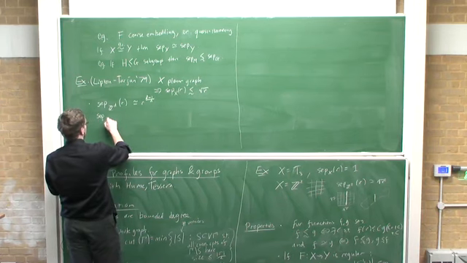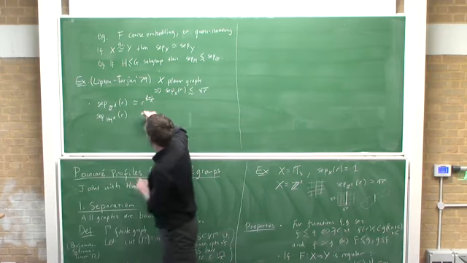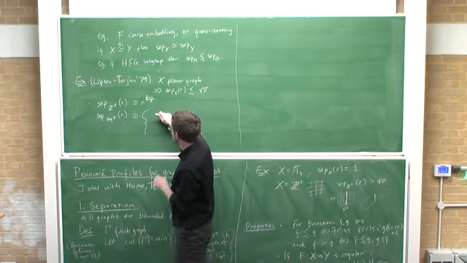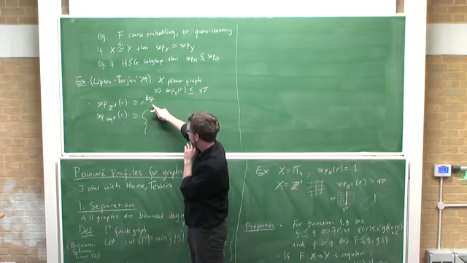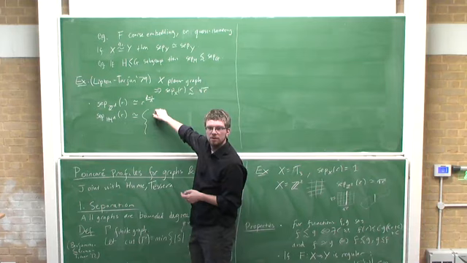So if we have hyperbolic space, we get two cases. Hyperbolic space isn't a graph.